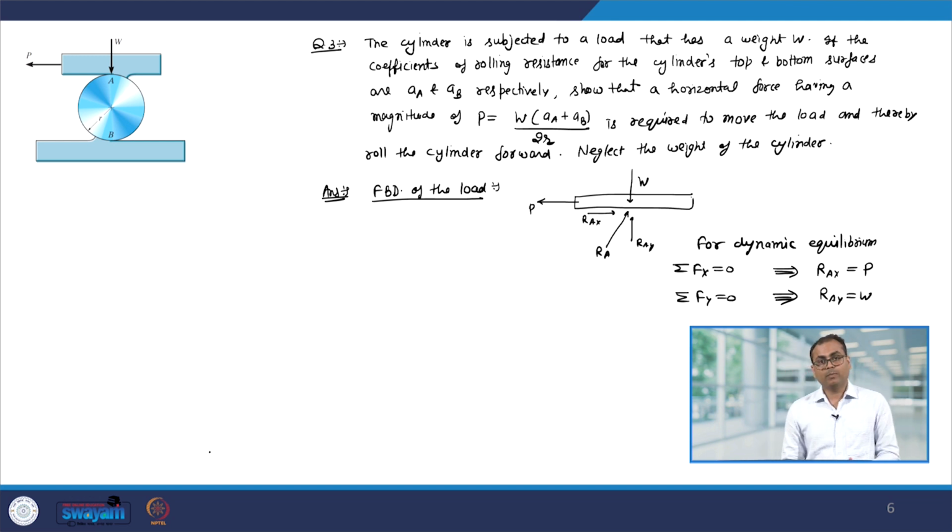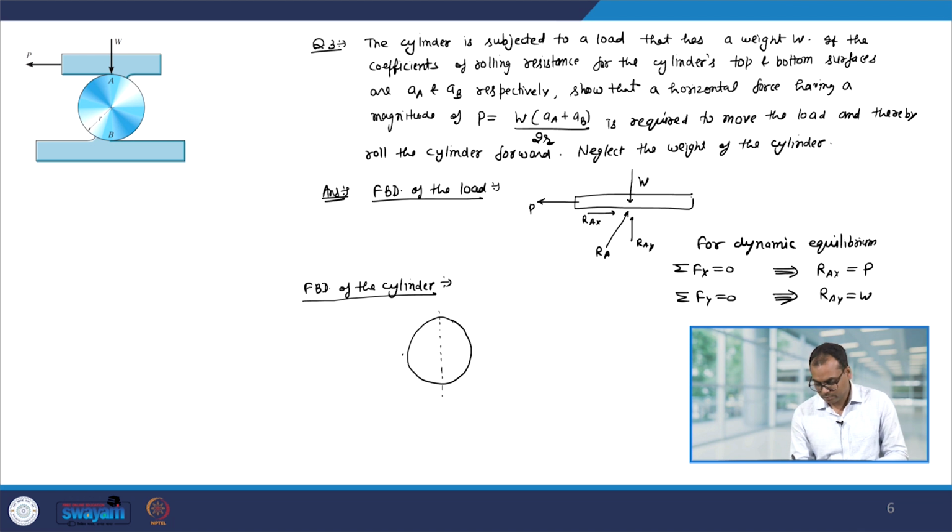Now, let us look at the free body diagram of the cylinder. Okay. So, we have this cylinder. Now, equal and opposite R A is going to act on it, and this R A has to pass through the center of the cylinder.